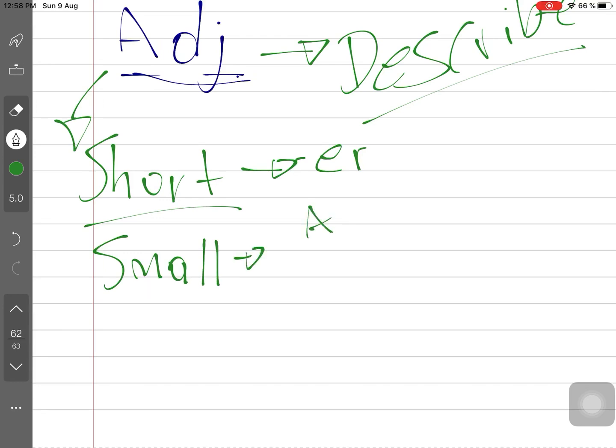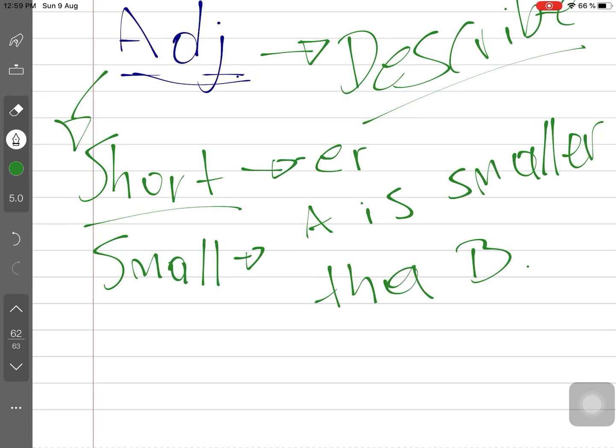So in that case, A and B. A is smaller than B. So here it is important to know that we have the two objects here, A and B. And that word, than, is going to be important to use when we create a comparative. A is smaller than B.